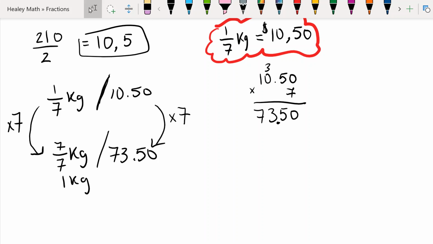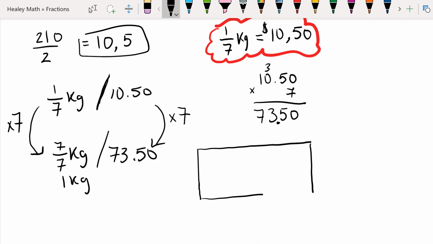Another way we can represent this is if we think of it as part of a whole, and we cut this into 7 pieces.